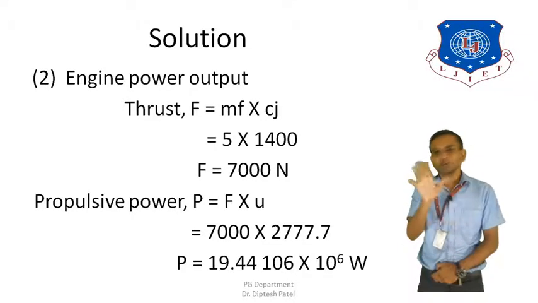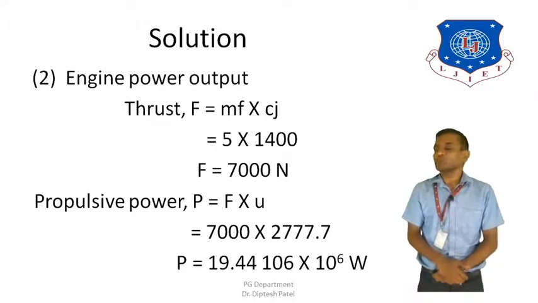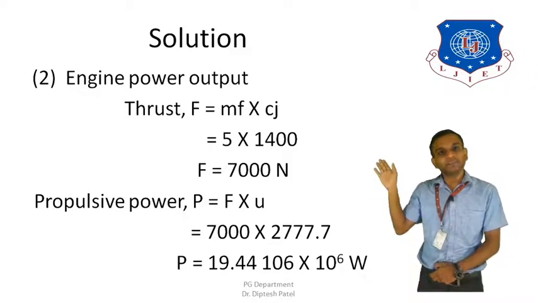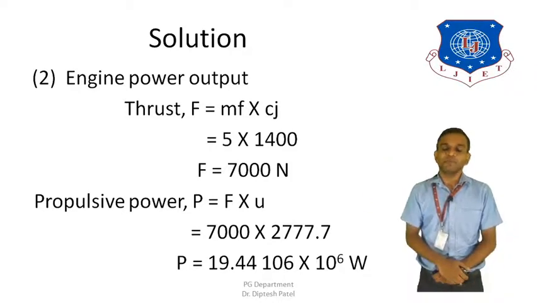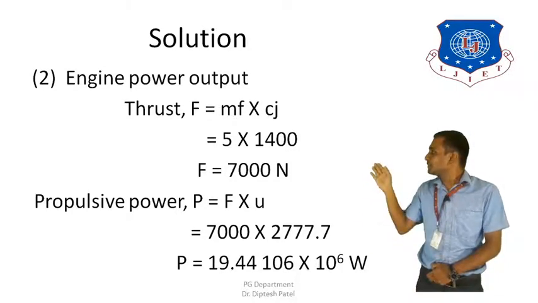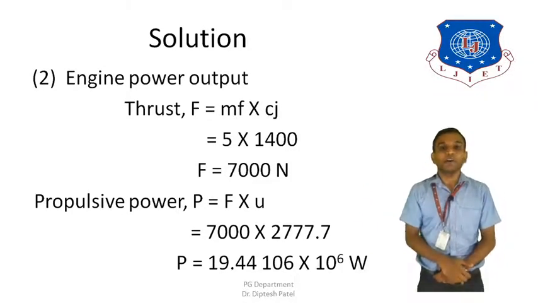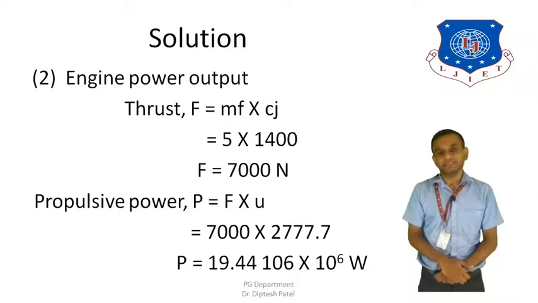We have both of them with us, so I'm going to put the values. F is equal to 5 into 1400, and therefore F is 7000 Newton. So this is the value of thrust of the engine.